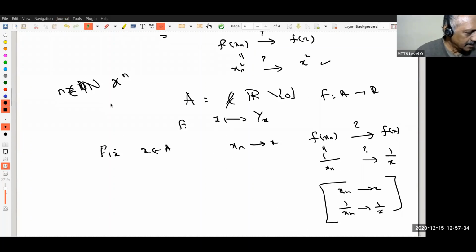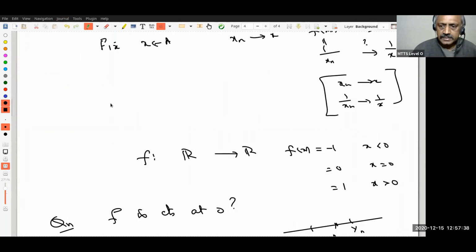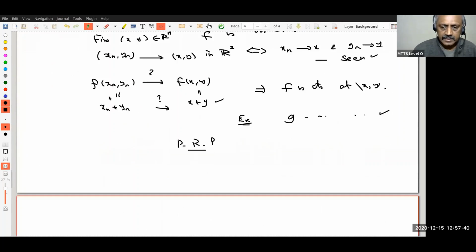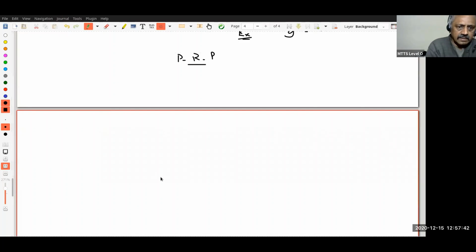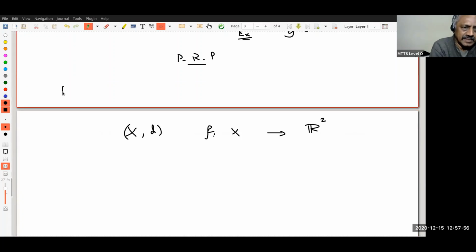There is one very interesting thing which you would like to look at. Now we looked at Rn to R, but I can ask, suppose X is a metric space and F is a function from X to, let us say, R2. Again, it could be Rn, but let us do that. Maybe I should give an exercise here. Let us look at Rn cross Rn to Rn.